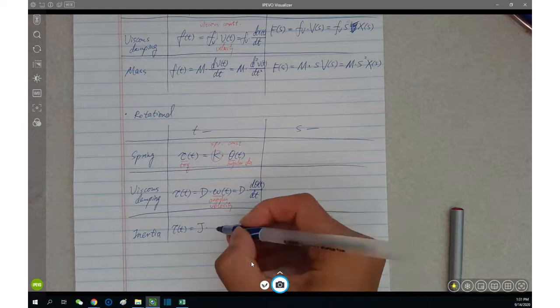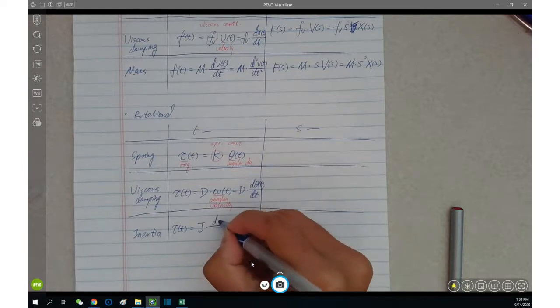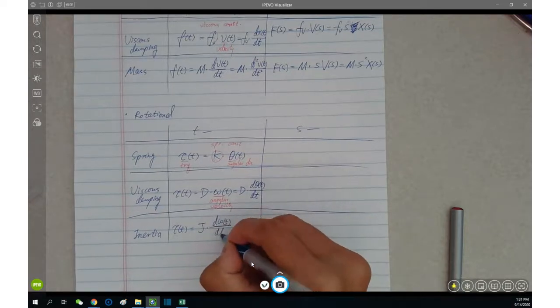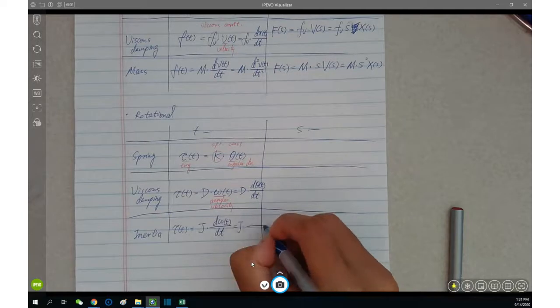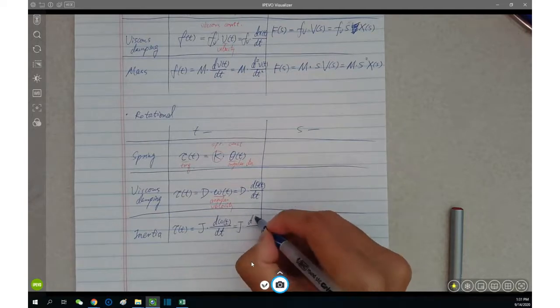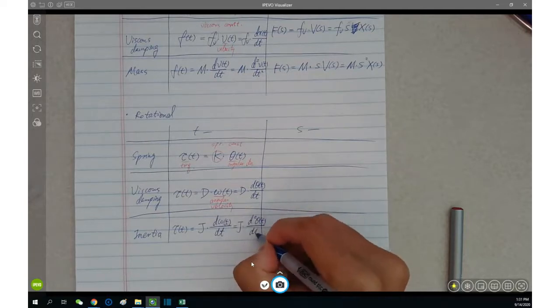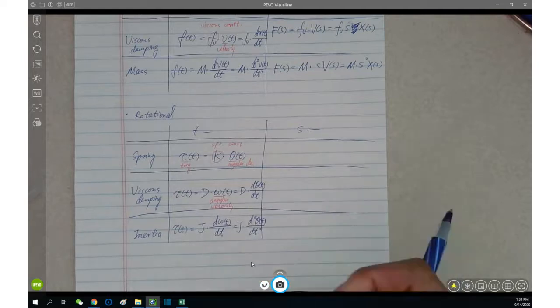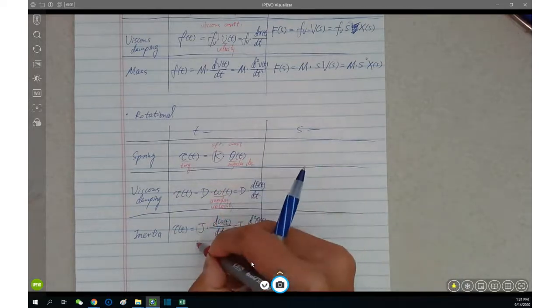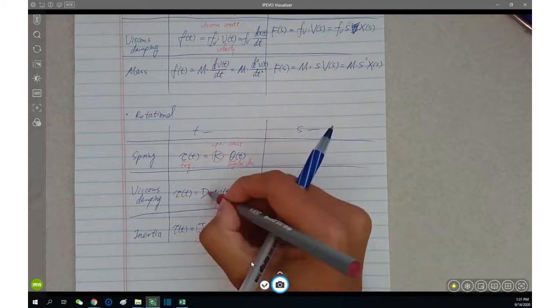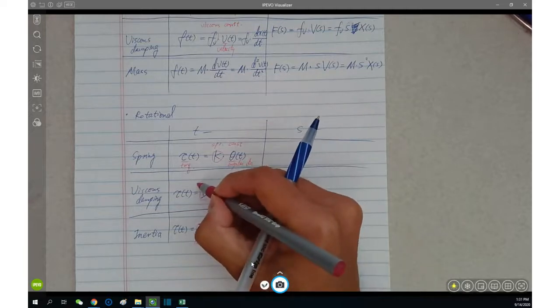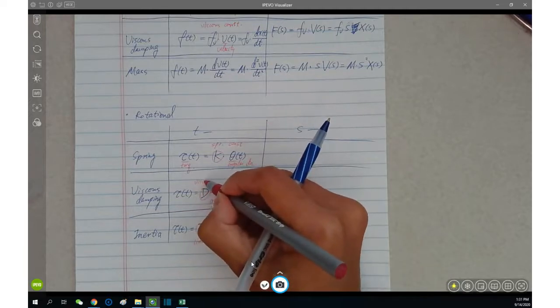Yep, that's right. So first of all, link to the speed in this way. Further link to the displacement in this way. So J is the inertial. Back to here, D is the viscous, or say damping constant.